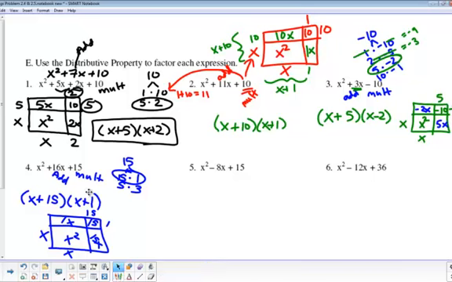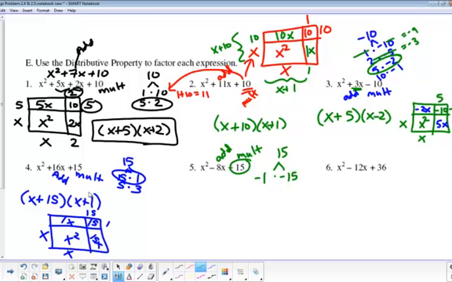All right, this one's a little weird because we have something that multiplies to give a positive and adds to give a negative. So it has to be a negative times a negative, because that would add to give a negative but multiply to give a positive. So which of these add to give negative 8? And then that's your factored form.